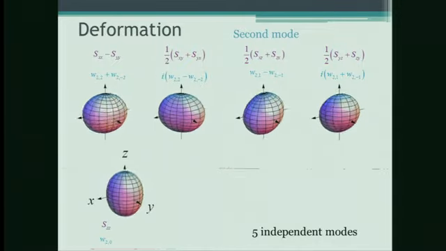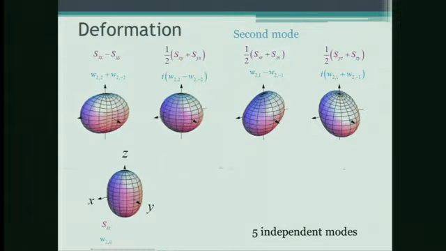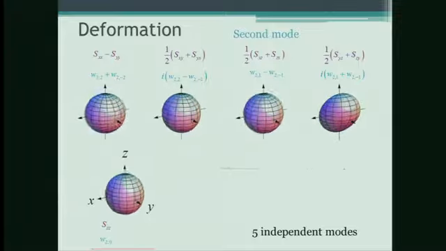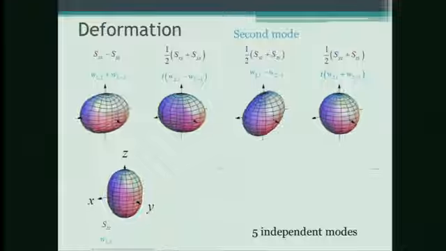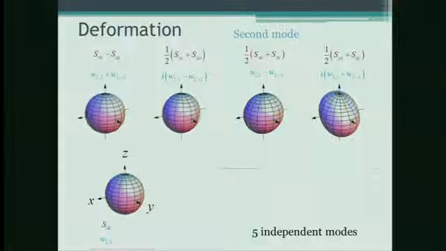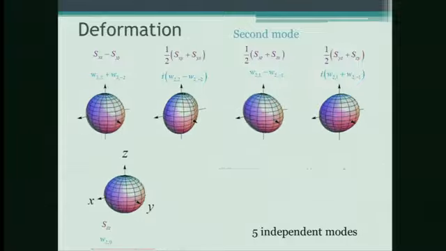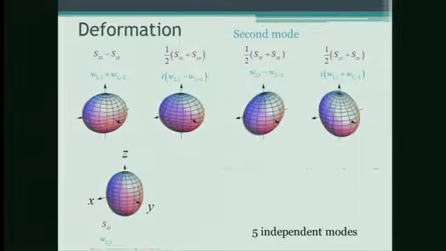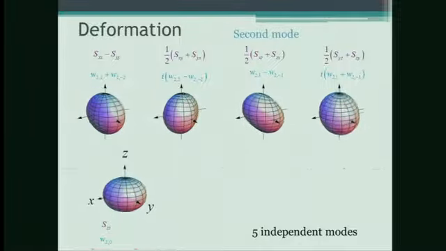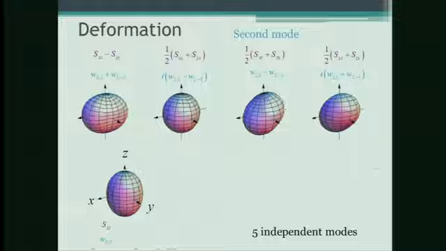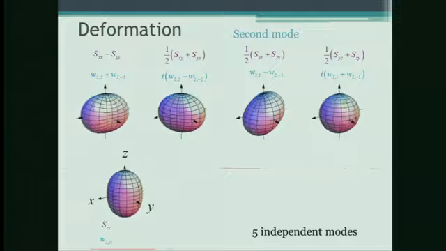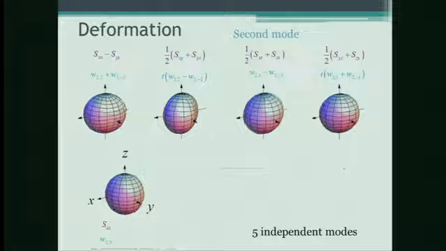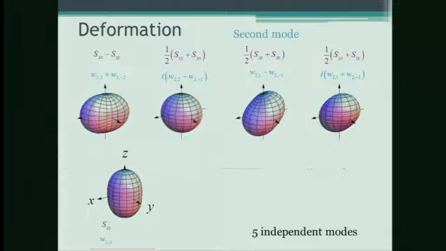And just for intuition, I want to show you some examples of the second mode. The second mode has five independent deformations: two elongations in two directions and three shears, and each of them is described by a set of spherical harmonics like this, the amplitude of spherical harmonics here, or just a combination of the matrix elements of the second rank tensor.